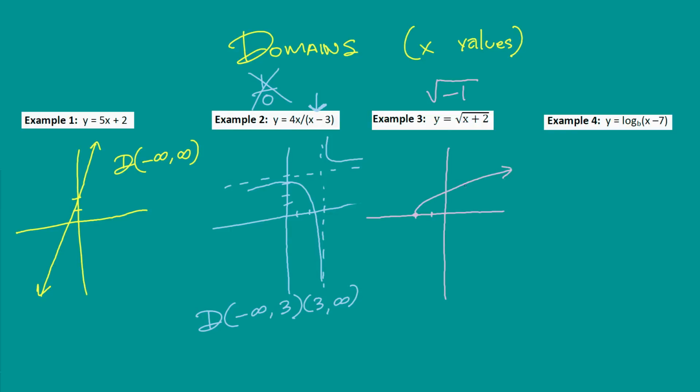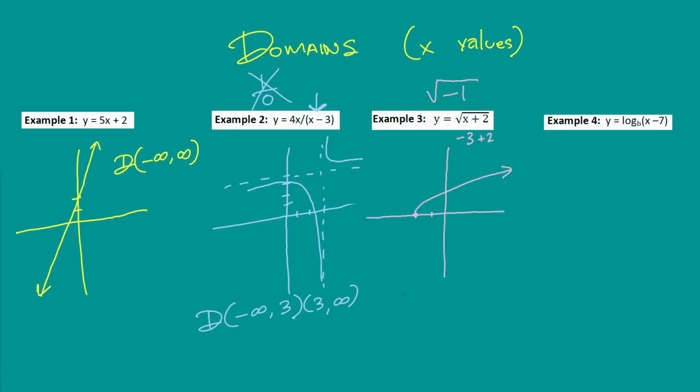Again, not super accurate. But do you see how I can't go to the left? I can't go more than negative 2, because if I made this, say, negative 3, negative 3 plus 2 is negative 1 under a root. I'm not allowed to have that.